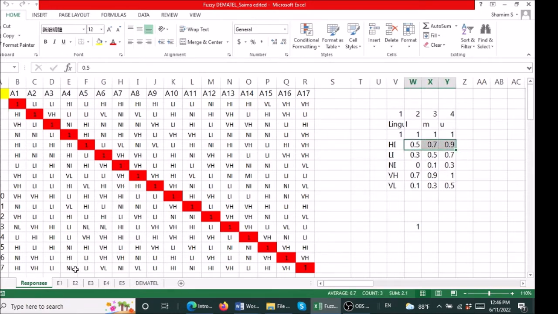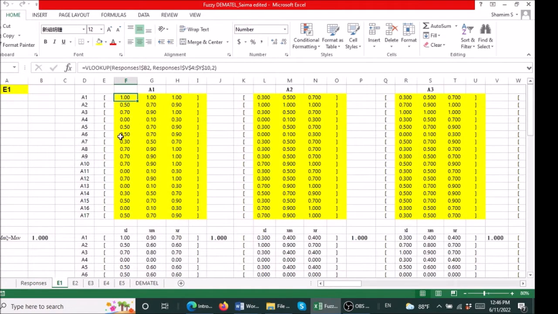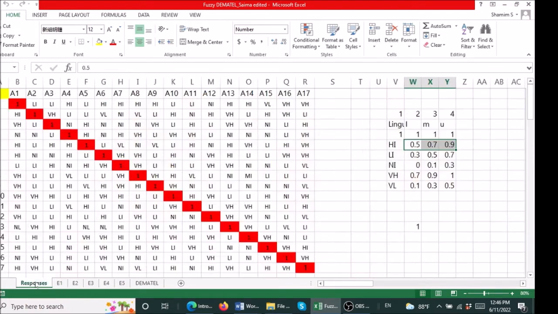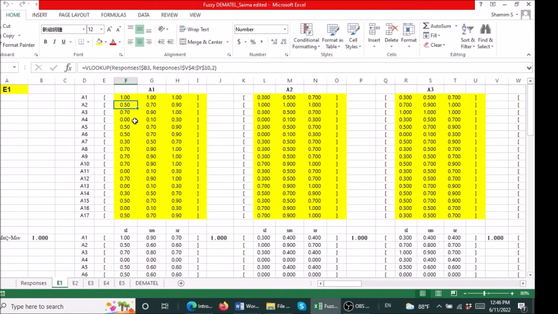Manually we can do it, but it's a kind of boring job. So that's why we have used the VLOOKUP option to speed up this process. So say, for example, this one stands for actually VI, right? So how have we done it? Let's see the VLOOKUP formula.